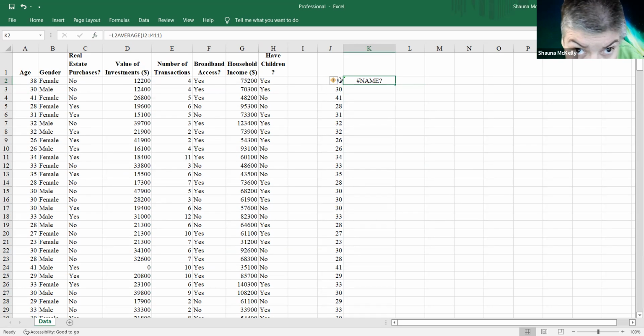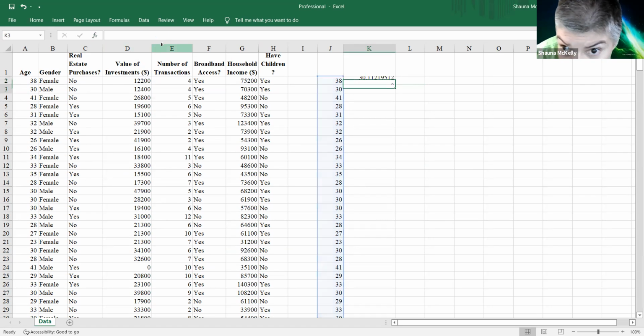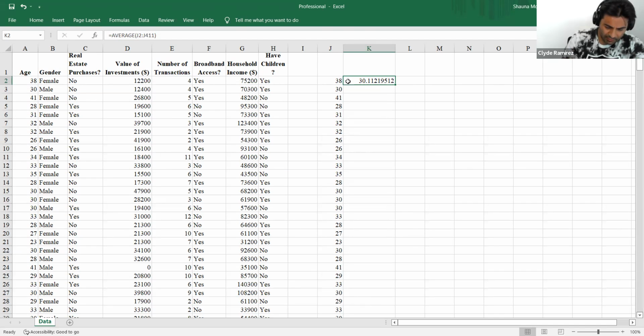J2 equals O, because I had L2 in there by mistake. All right, that should work now. It's 30.112. Okay, so this is your average for this, 30.112.